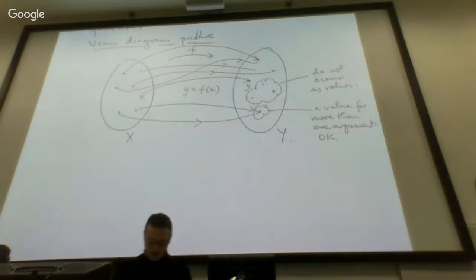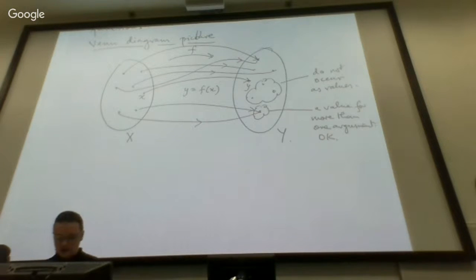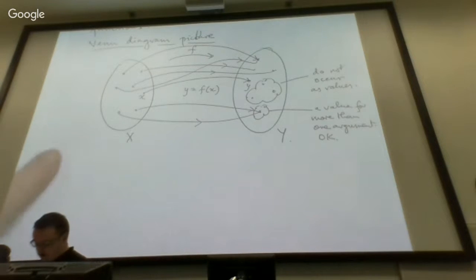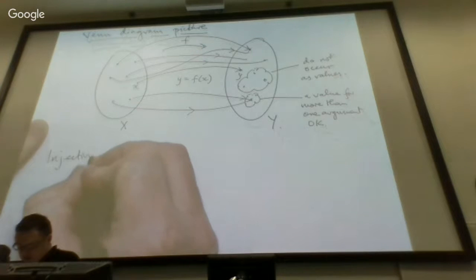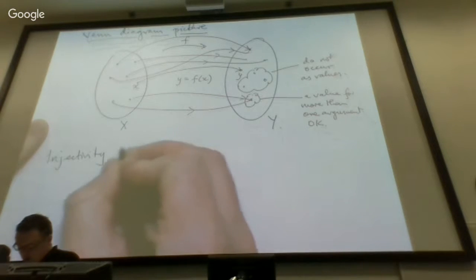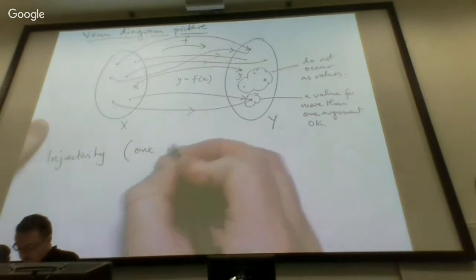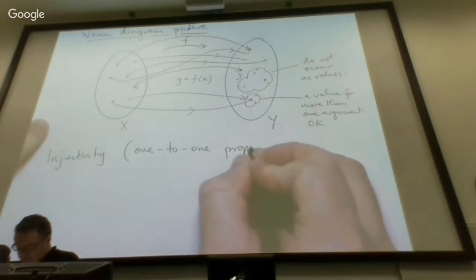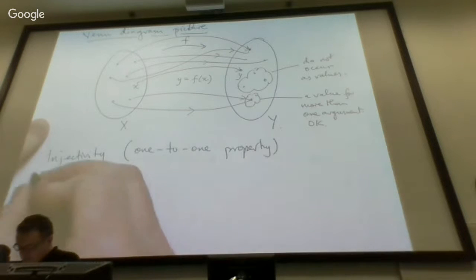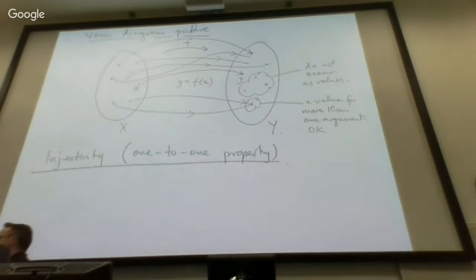Okay. Now this kind of way of conceiving of a function is particularly suitable to the next two definitions we're going to introduce. So the first one is injectivity, or more informally known as the one-to-one property. Injectivity. Now this is a property that a function may have.